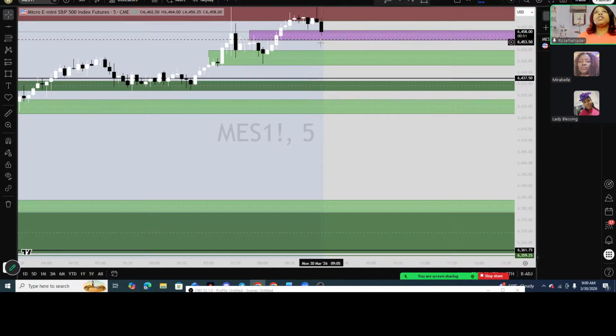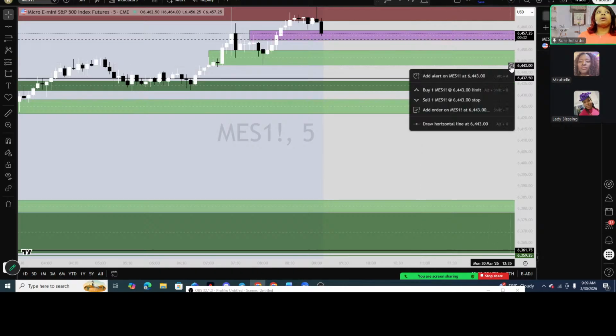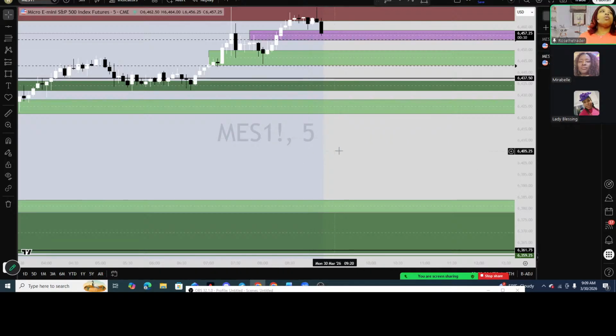Anyways, if it breaks it, this is where the buy zone is. Let's see what happens. But this is also a neckline, if this becomes a double top, you can see a double top forming. So if you want to take another low, you're going to wait for this neckline to break right here. That's the second one we can use.